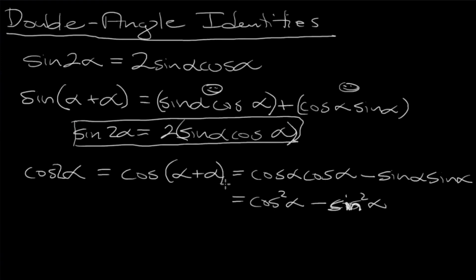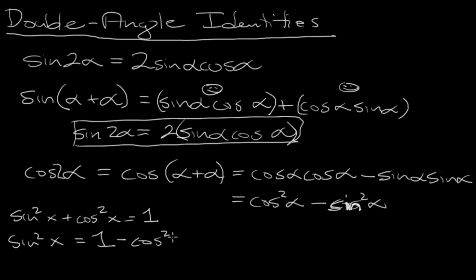But if you guys remember, the Pythagorean identity says that sine squared of something plus cosine squared of something is always equal to 1, which means I can replace, if I rearrange this, sine squared of x is equal to 1 minus cosine squared of x, or I could subtract sine over, and cosine squared of x could equal 1 minus sine squared of x.